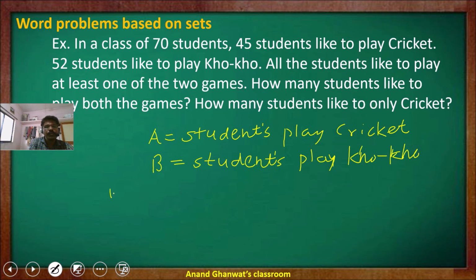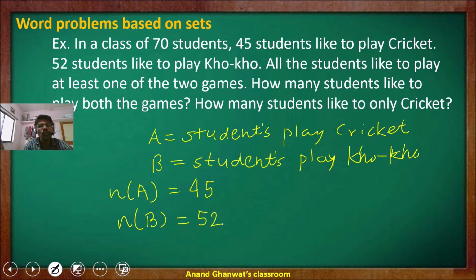So n of A, the number of students playing cricket, is equal to 45. 52 students like to play Kho-Kho, which means the number of students playing Kho-Kho is 52. And the total number of students in the class is 70.